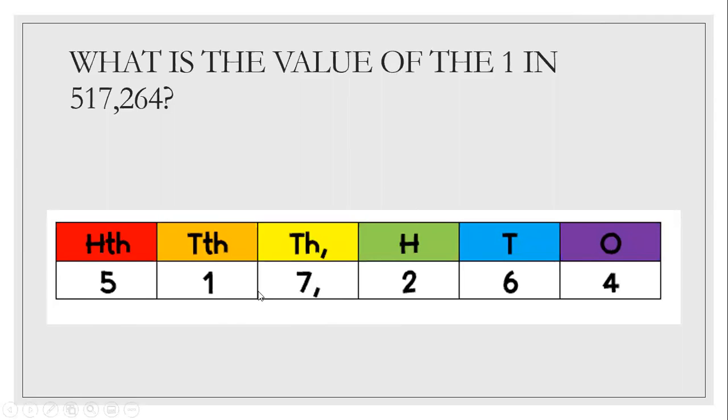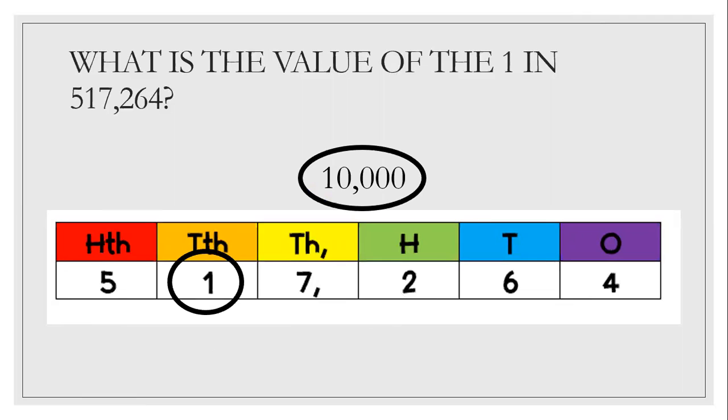It says 517,264. Now we know our digit is 1, but it's wanting to know what the value is. So when I put this inside my place value chart, my place value chart is showing me that the digit 1 is in the 10,000s place. So the answer is 10,000.